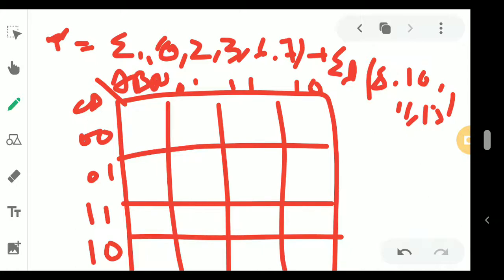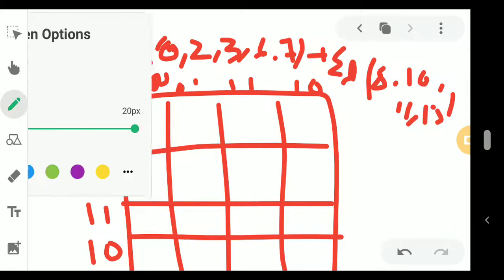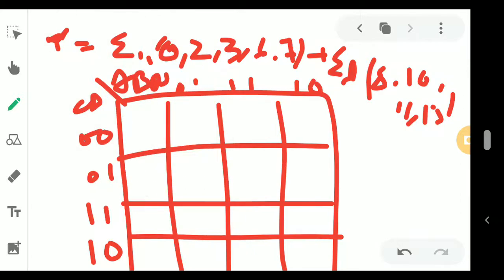As you know the positions, first of all try to put these 0 and 2 values. Whenever there is an m part, we will put 1. After you put 1, then in the 2 position there is 1, and in the 3 position there is 1 as well, and 6 and 7 as well.